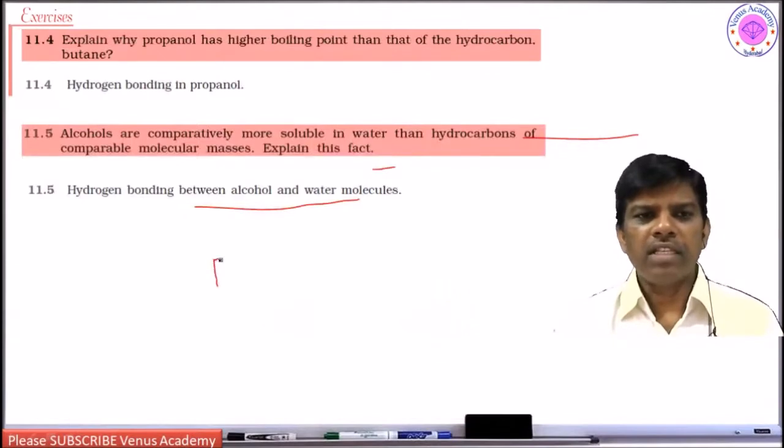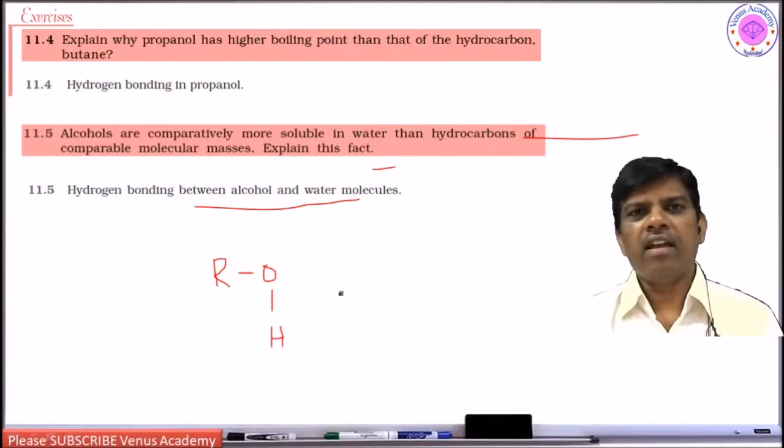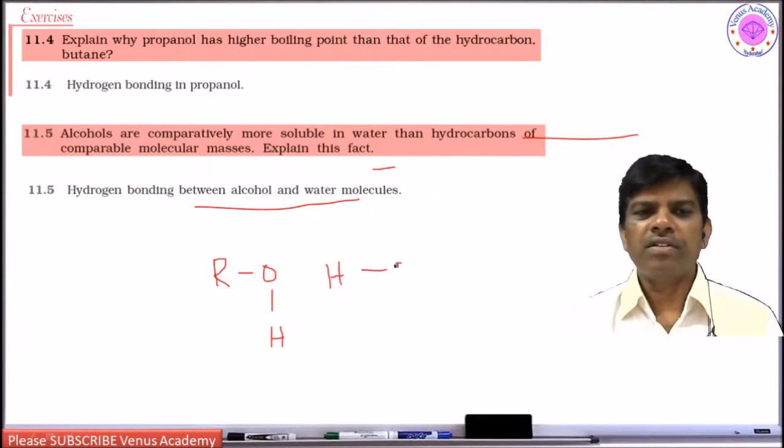For example, this is an alcohol, for example ethanol. It is the alcohol which is taken by some people, and it is soluble in water. This way you can remember the answer also. So water and alcohol, why is it miscible? Because of the hydrogen bonding between these two.